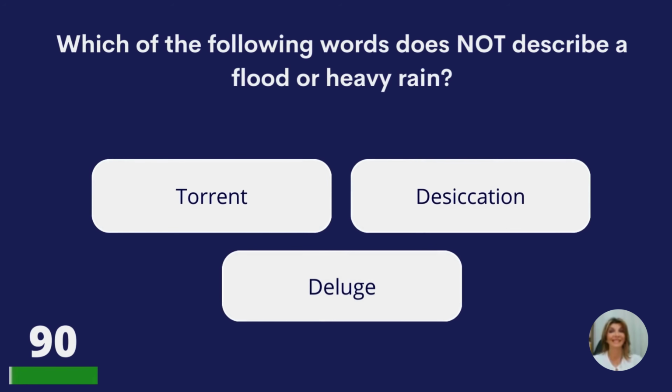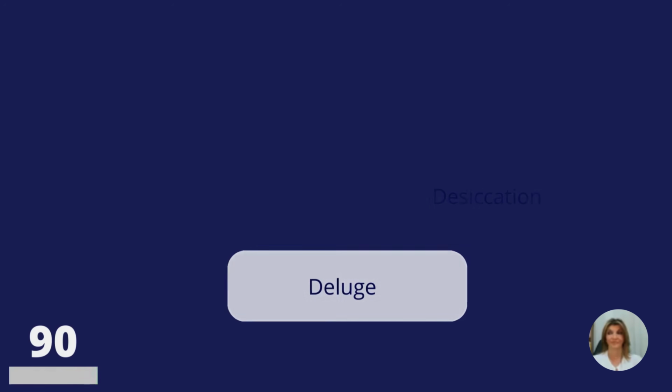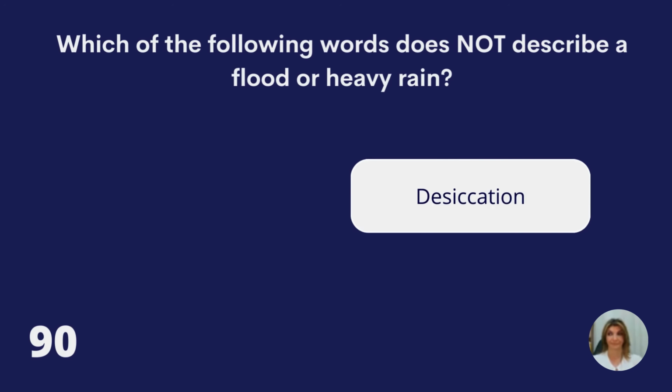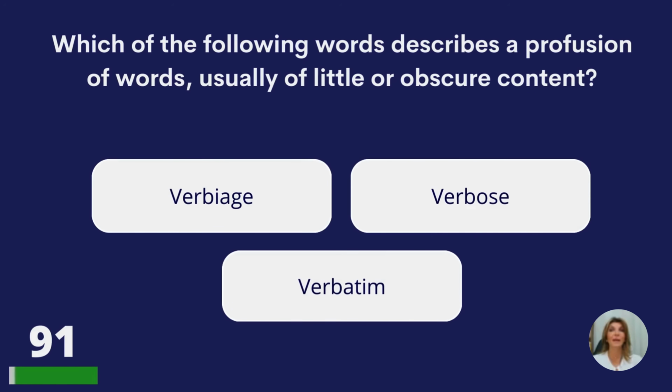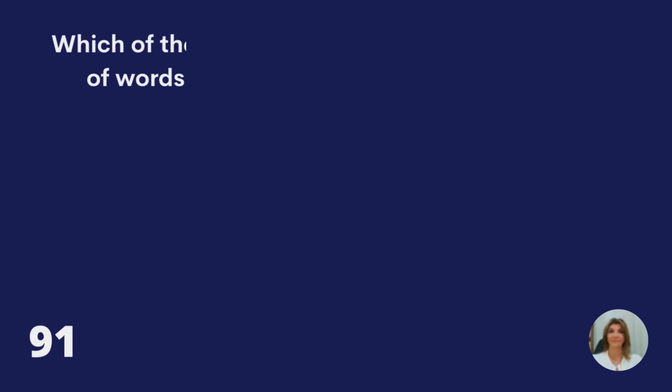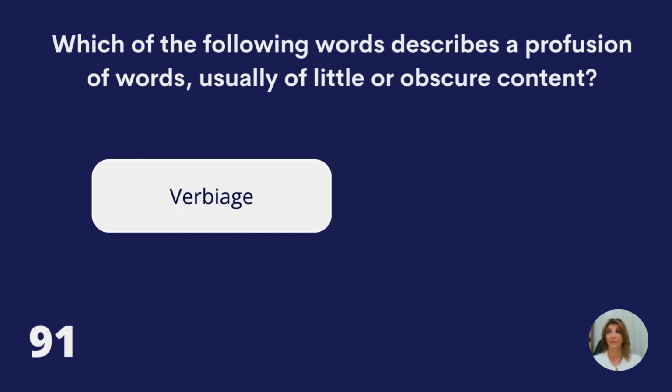Which of the following words does not describe a flood or heavy rain? Torrent, desiccation, or deluge? Desiccation. Which of the following words describes a profusion of words, usually of little or obscure content? Verbiage, verbose, or verbatim? Verbiage.